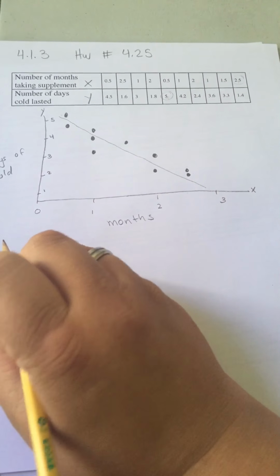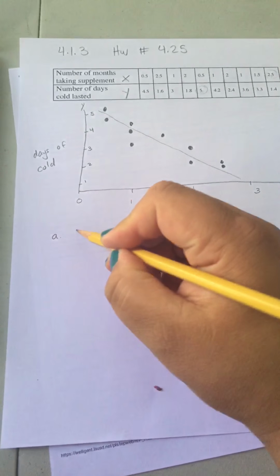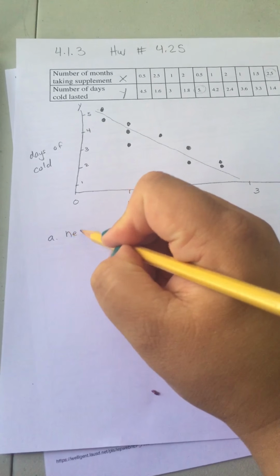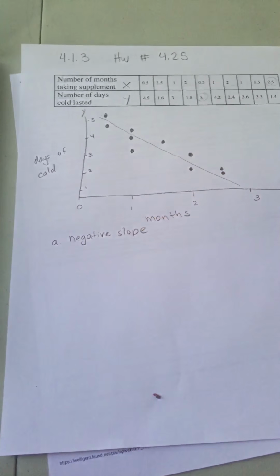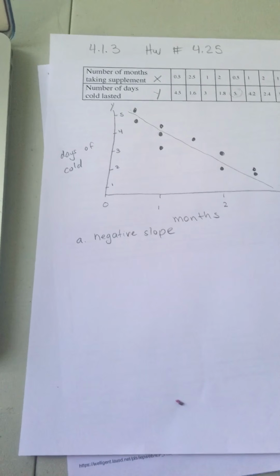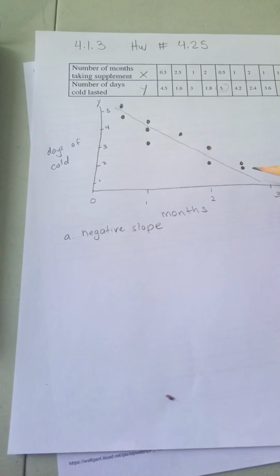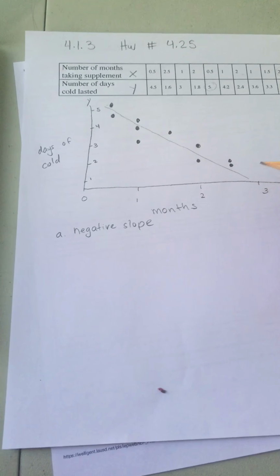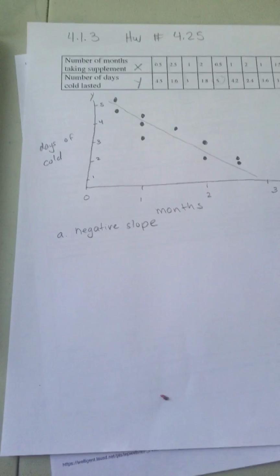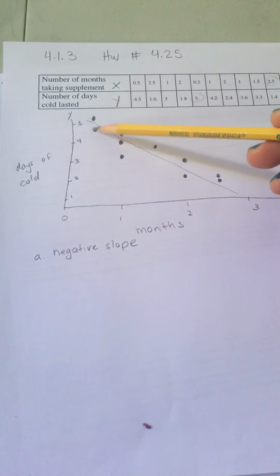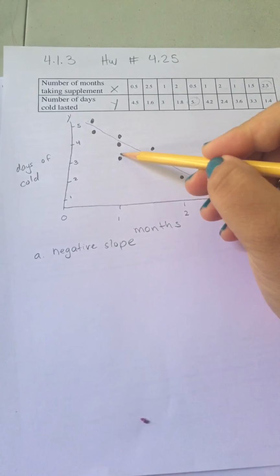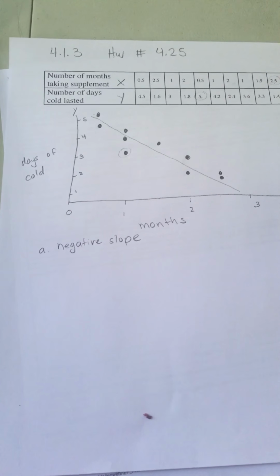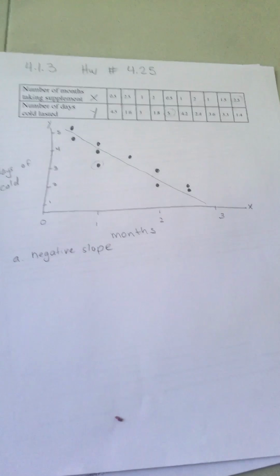So for letter A, you would say that this is a negative slope. It's a straight line, not curved, and the numbers all seem to fall along this line, except maybe this one. It seems like it's not really following any specific rule.